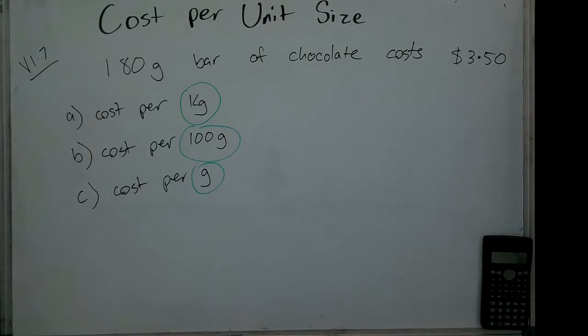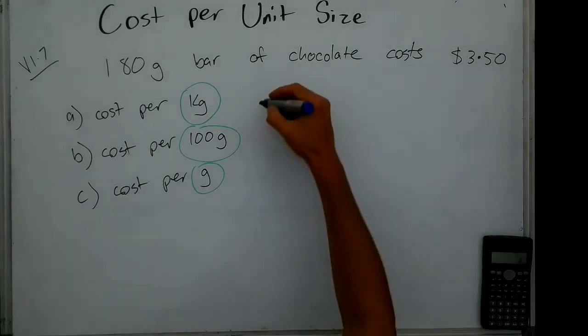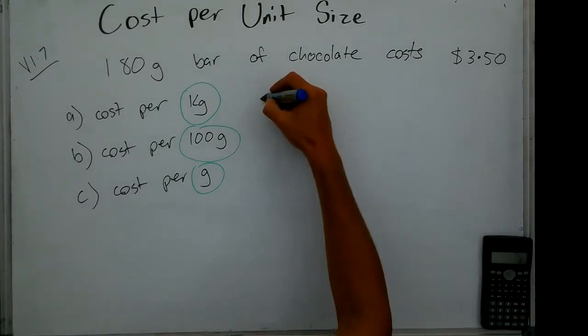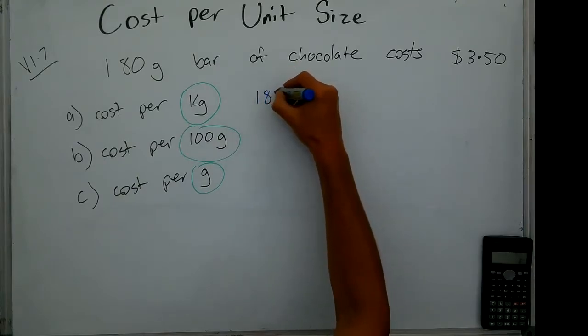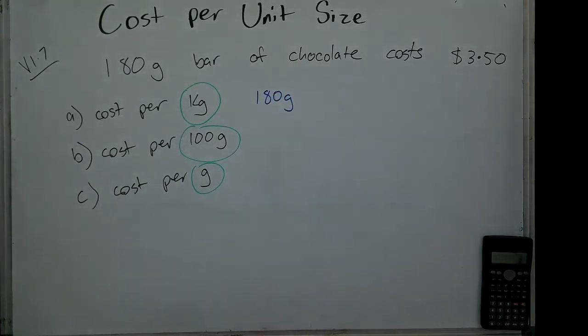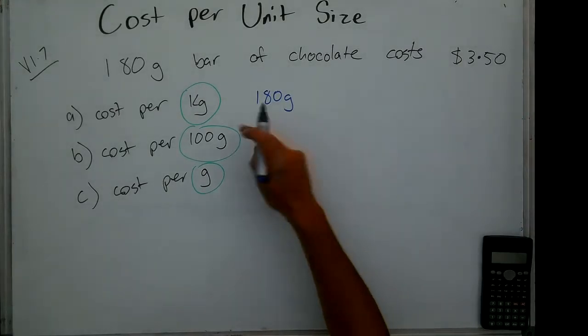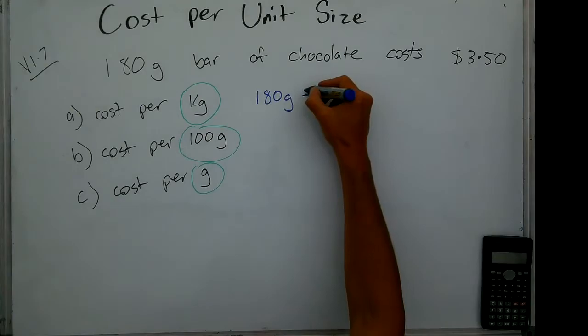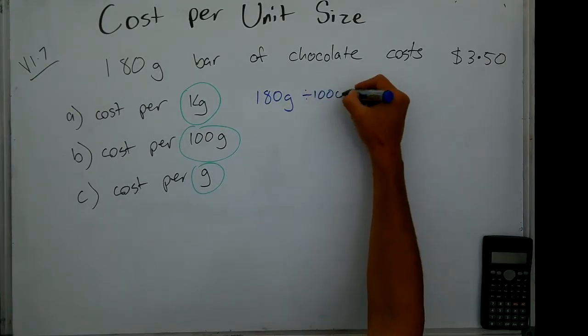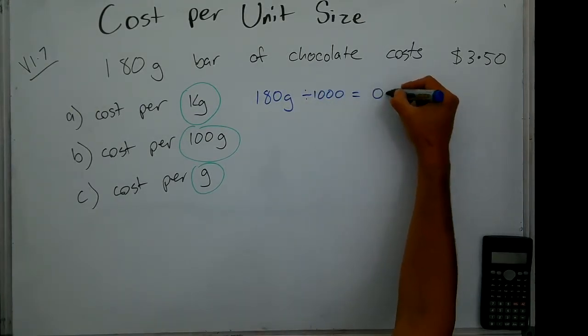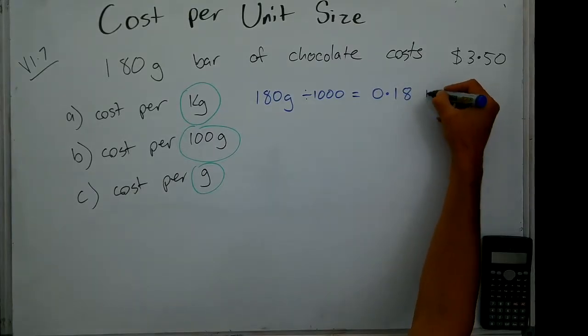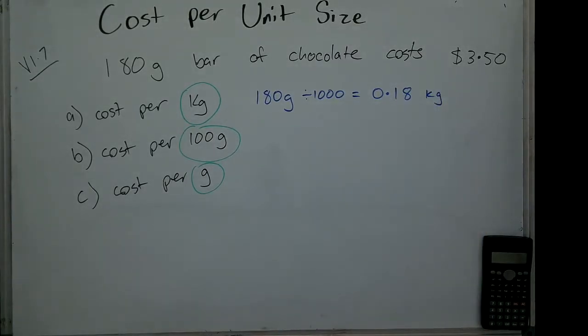So before I do any calculations, I'm going to say the cost per kilogram, 180 grams, there is 1,000 grams per kilogram. So to turn this into kilograms, I need to divide by 1,000. So this equals 0.18 kilograms.